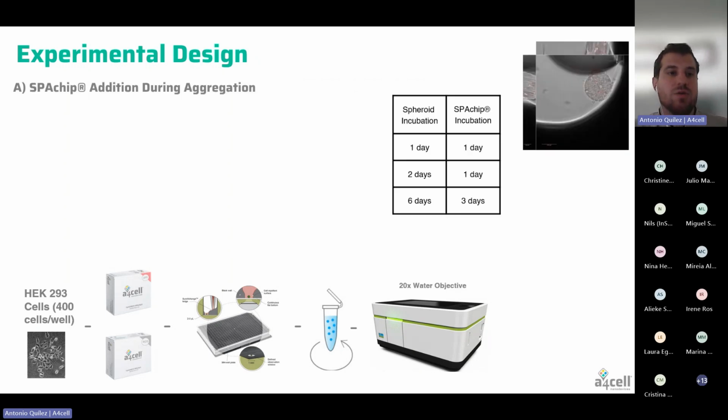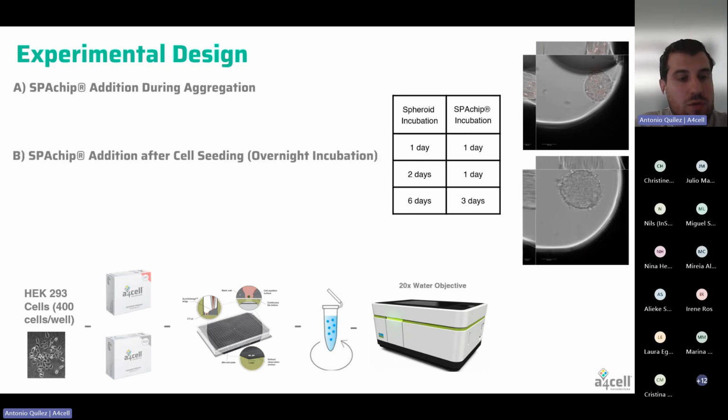So the idea was to analyze how these procedures can be adapted to the reality of the necessities of the researchers. So we wanted to know whether it's possible to add the SpheroCHECK at different time points. So we began by adding the SpheroCHECK together with the cells during cell aggregation, and we incubated them for 1 day, and we measured these spheroids.